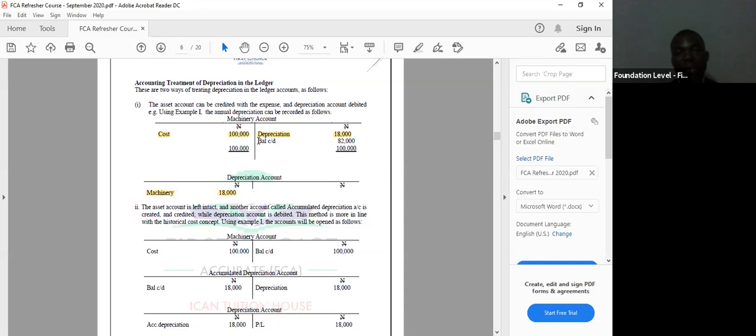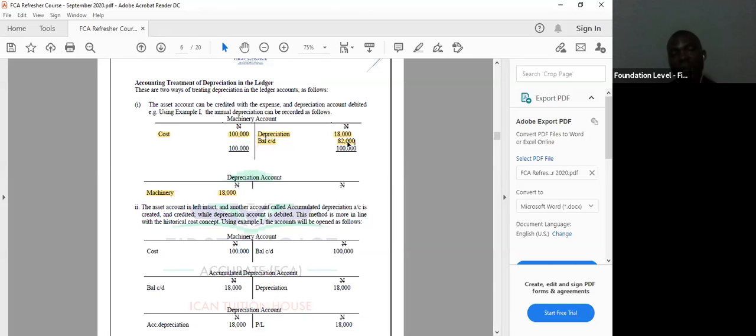And then after that, we now balance it up. If it's on monthly basis, this account will be balance carried down. But if it's at the end of the year, it will be written off to profit or loss account. Now that we have the 100,000 here, 100,000 minus 18,000 gives us 82,000, which means the balance that is left for us to enjoy from the asset at the end of year 1 is 82,000.